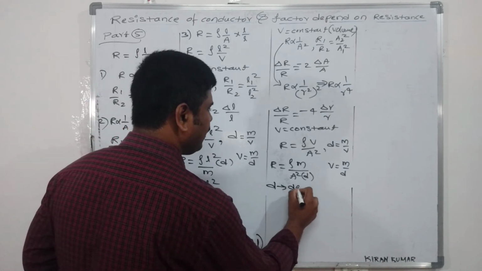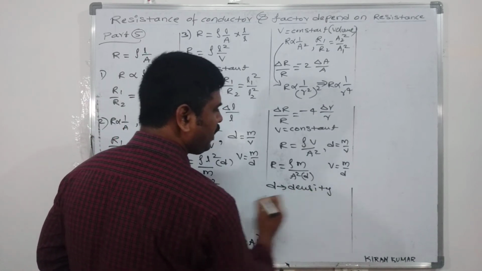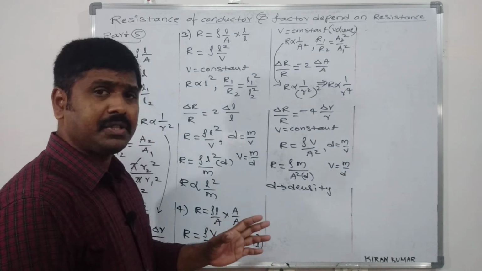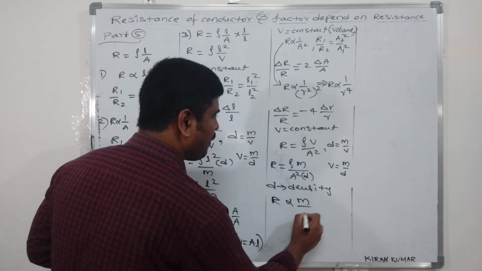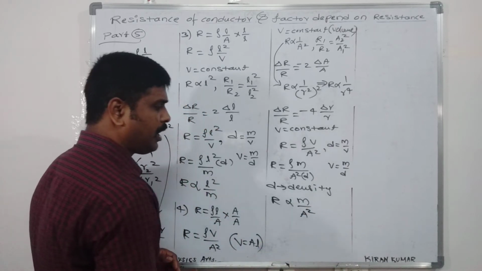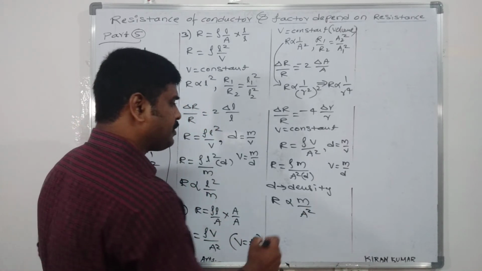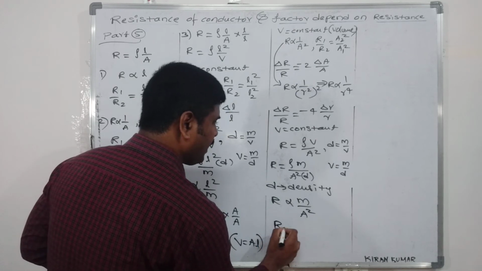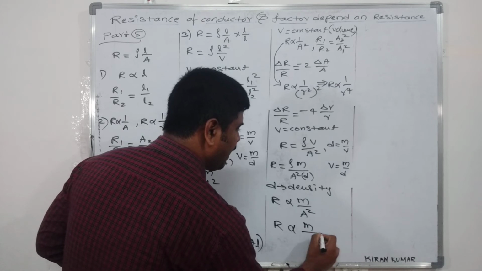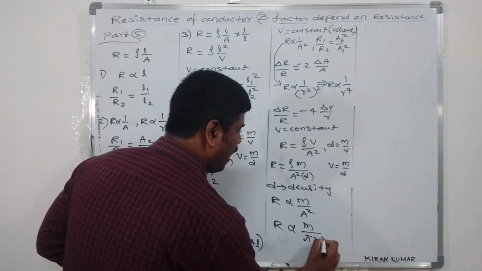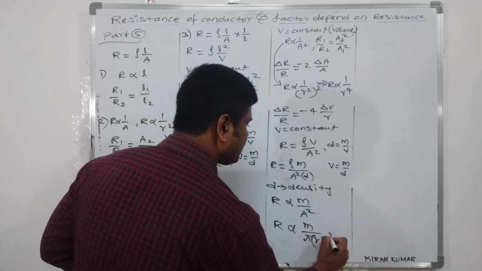So try to understand here R is directly proportional to M and inversely proportional to the A square. So here R is directly proportional to M divided by pi r square whole square.